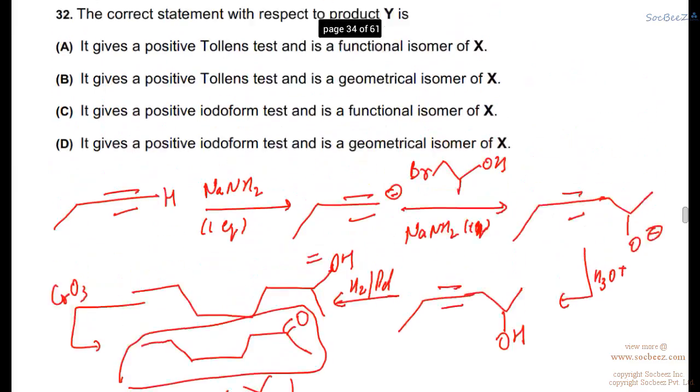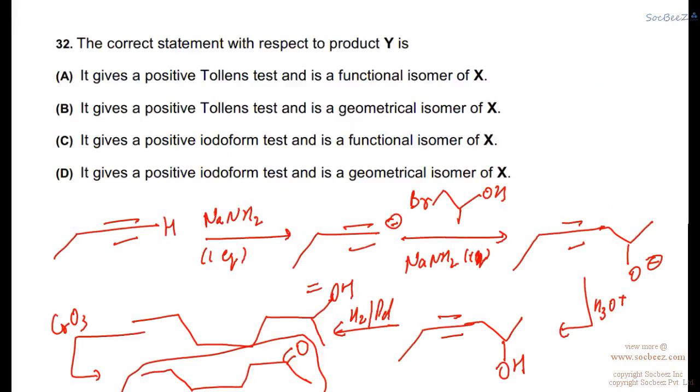It gives the positive iodoform test and is a functional isomer of X. So the correct option is option C.